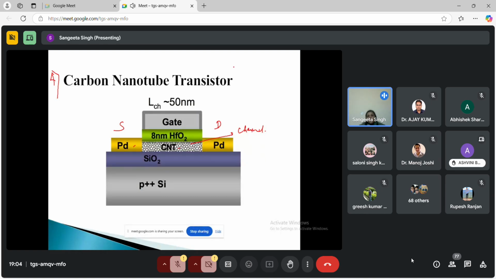We are covering the fourth and the final aspect of beyond CMOS devices. Your source is composed of palladium, drain is composed of again palladium, and the channel is made up of carbon nanotube. I was explaining what the carbon nanotube is. Graphite, and from graphite, if you are able to cleave a single atomic thick layer, it is called graphene.